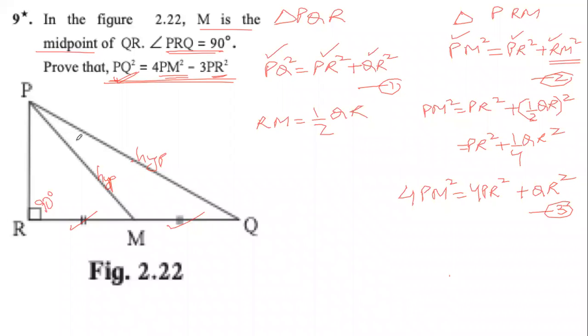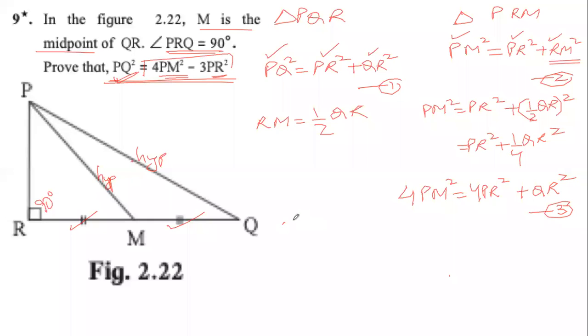Now comes the trick. We somehow need to get PQ from PM and all, right? So first, you have PM and PR on the same side.